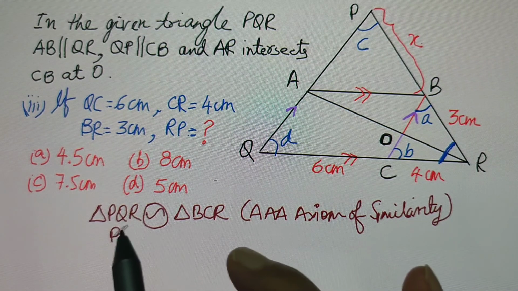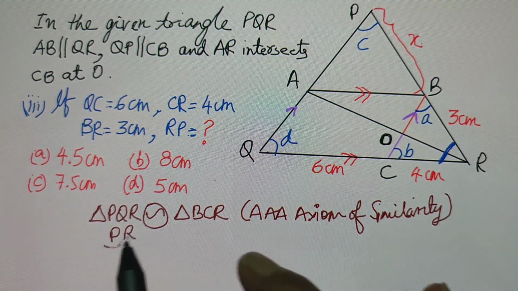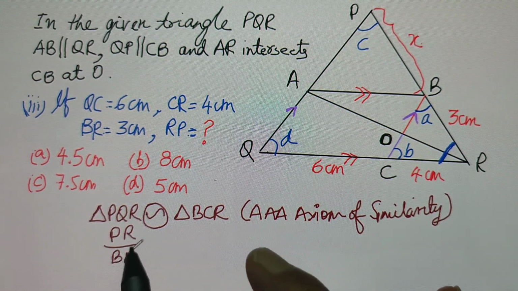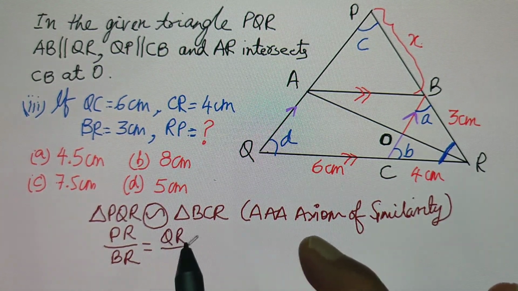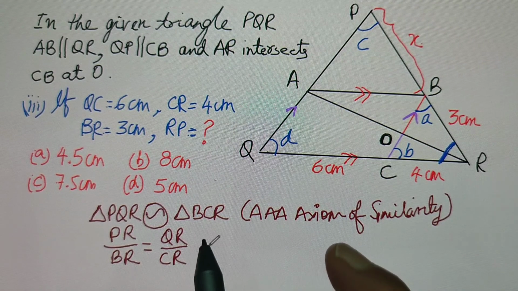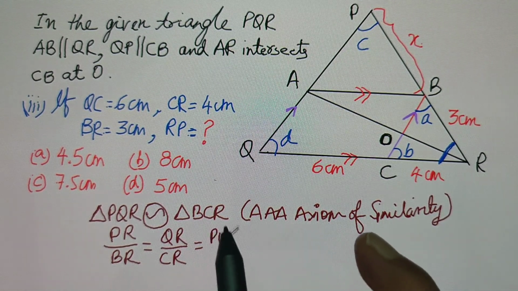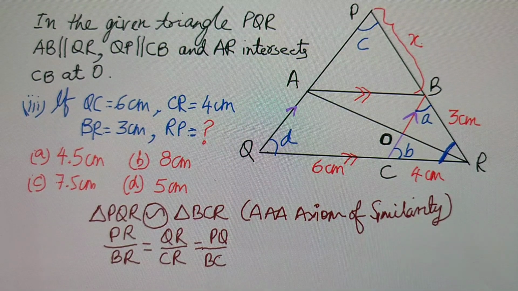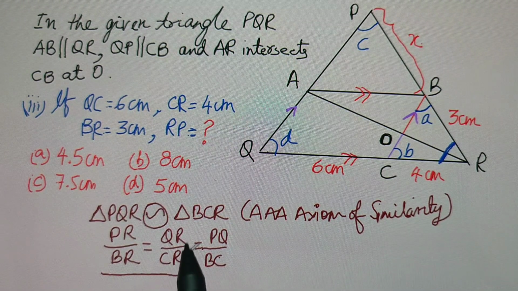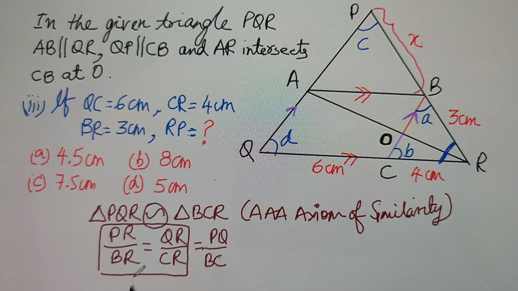So we can write it as PR upon BR, QR upon CR, and PQ upon BC. Now as we have the values of these terms, we are going to take these terms.